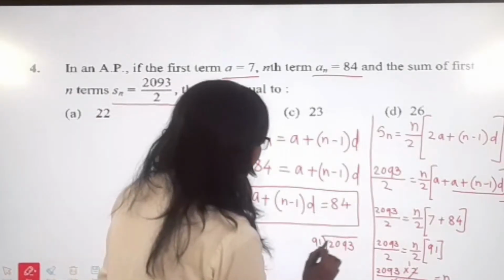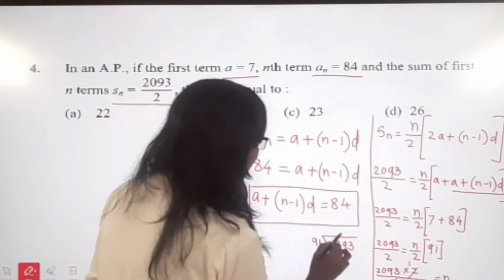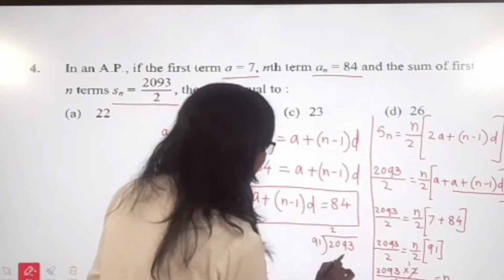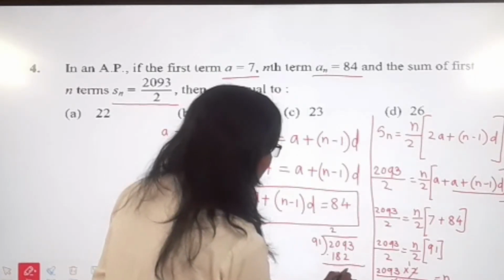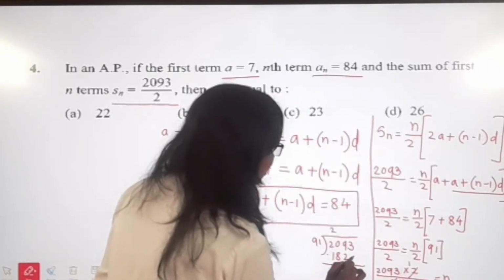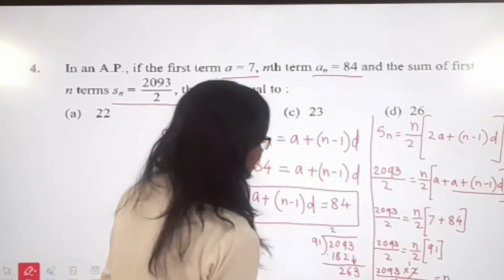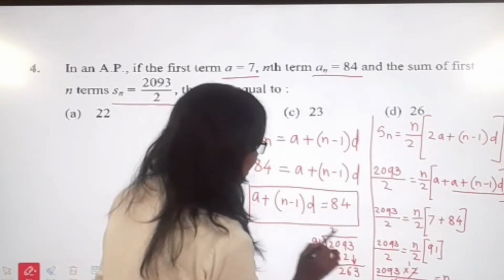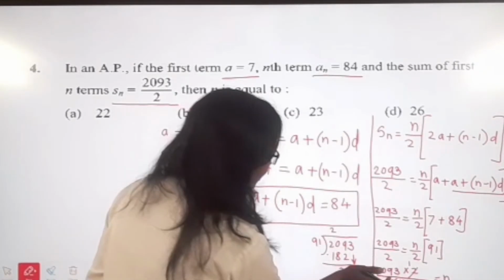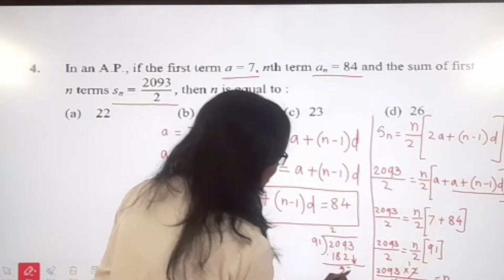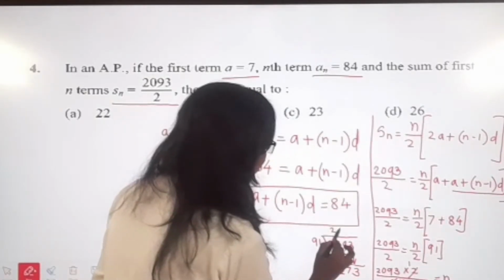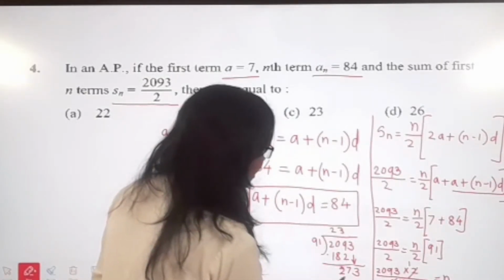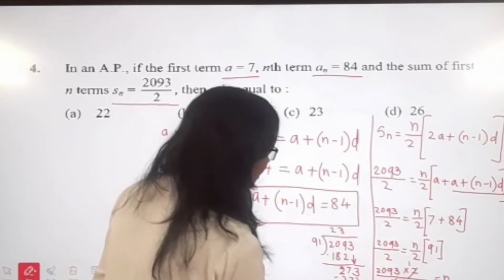Here 91 times 2 is 182, then 273. So 3 times 91 is 273.